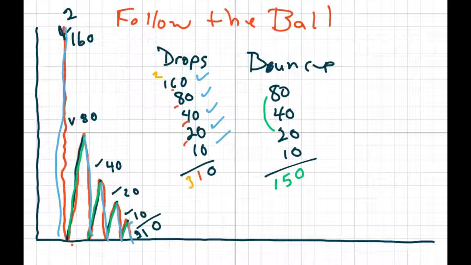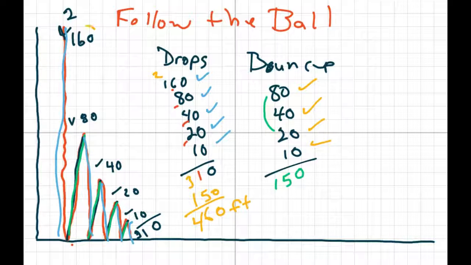And over here we had 1, 2, 3, 4. And we total the 150 and the 310, and we get 460 feet because we dropped it starting out at 160 feet.